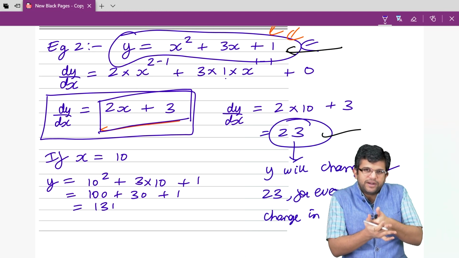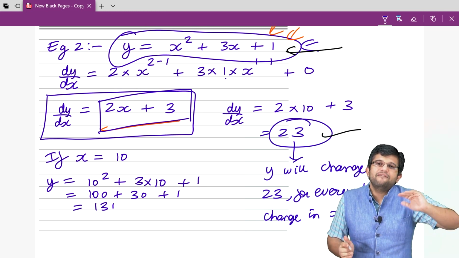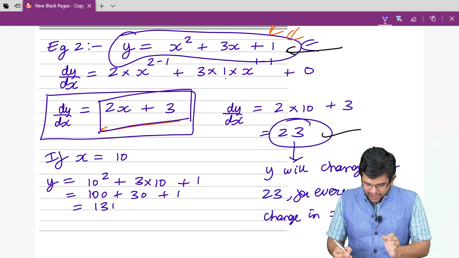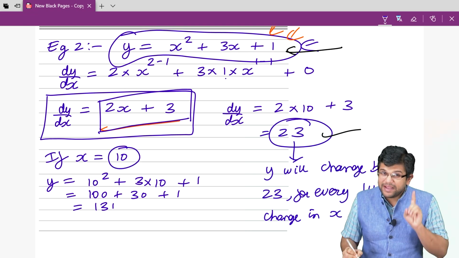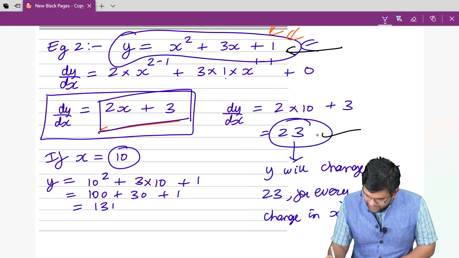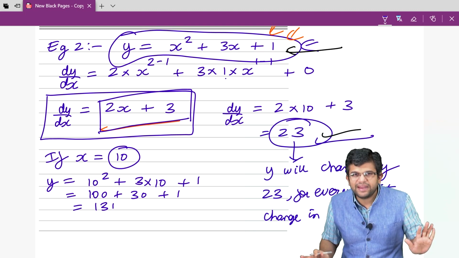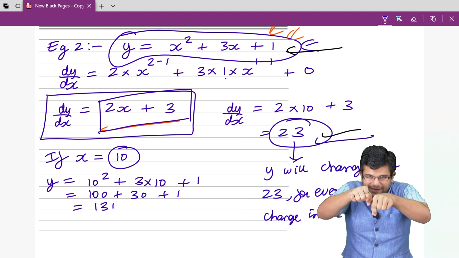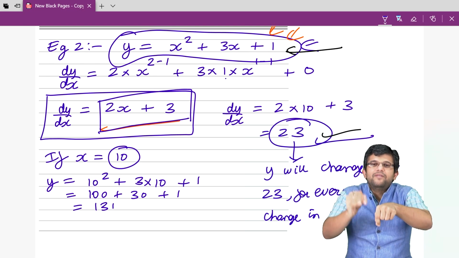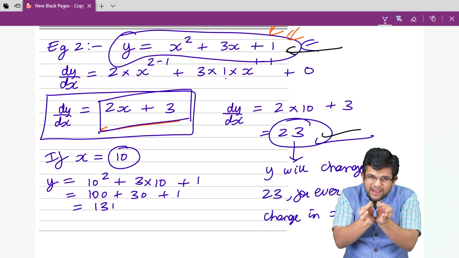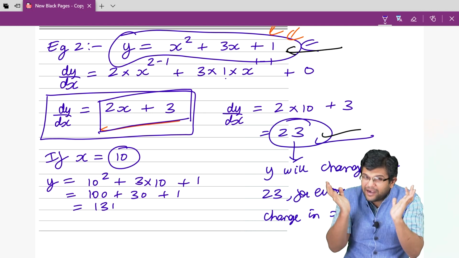Children, when x was 10, please pay attention, do you realize that dy by dx came to 23? I agree. This means that when x is 10, y will change by 23 units at those levels of x which are very near to 10.